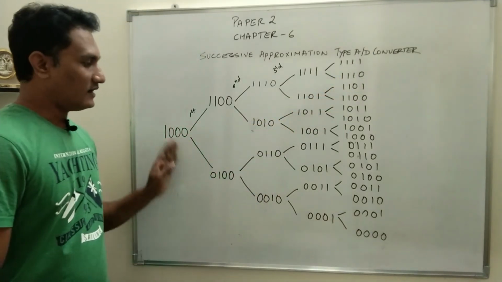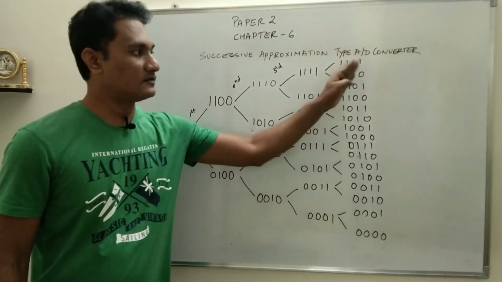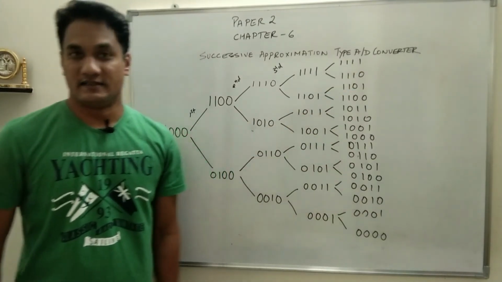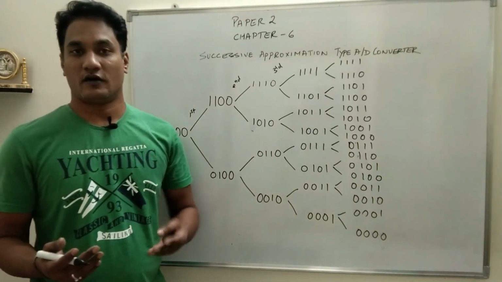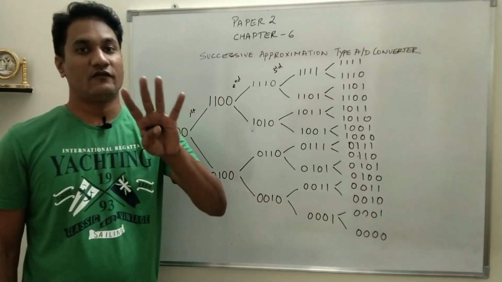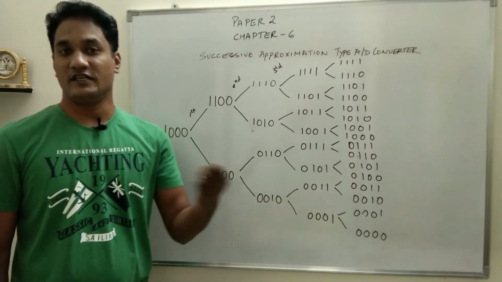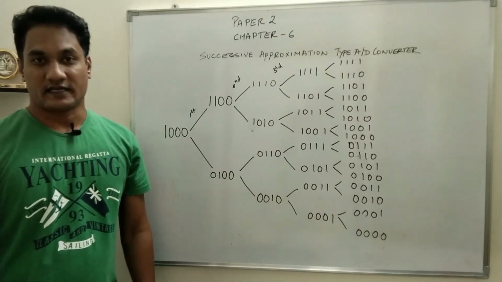That means by reaching the fourth clock pulse, we will get the answer for a 4-bit binary counter. So whatever be the value from 0 to 15, how many counts will it take? It will take only 4 clock pulses. That means if each clock pulse is 5 seconds, it will take only 20 seconds.